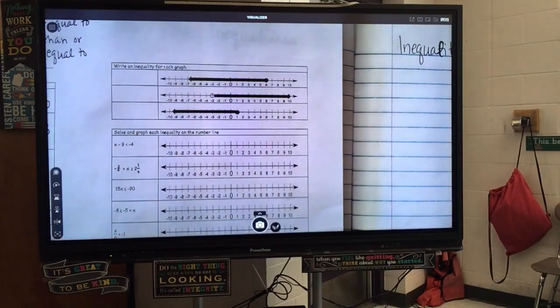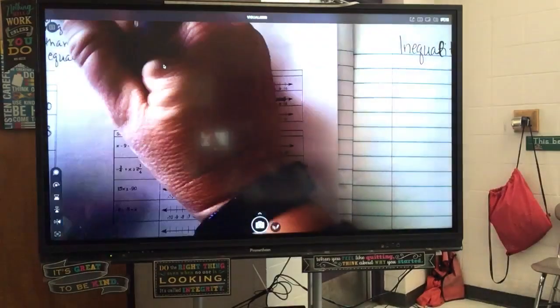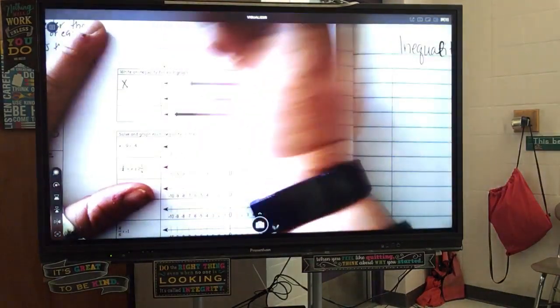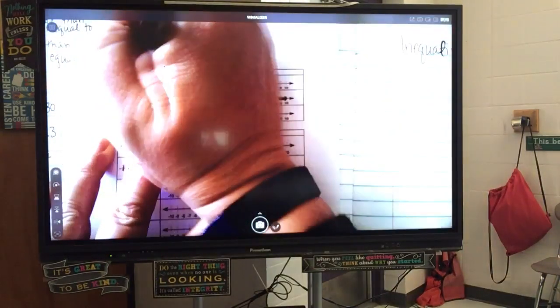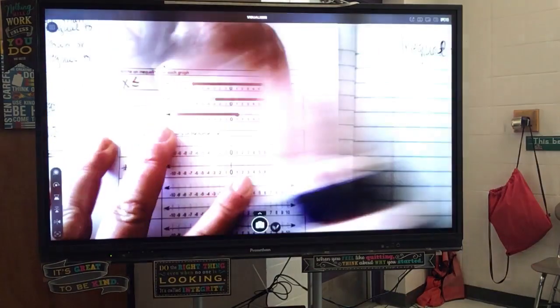Christian, it'll be less than or equal to. Why? Because it's a closed circle, and it goes to the left. So x is less than or equal to 6?